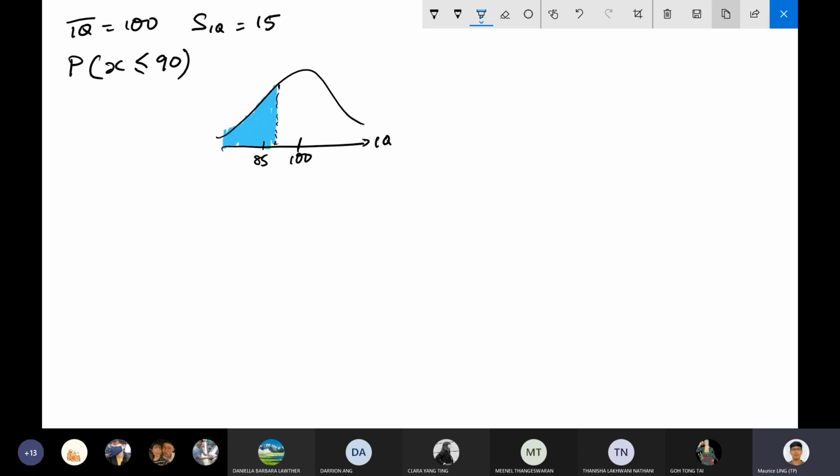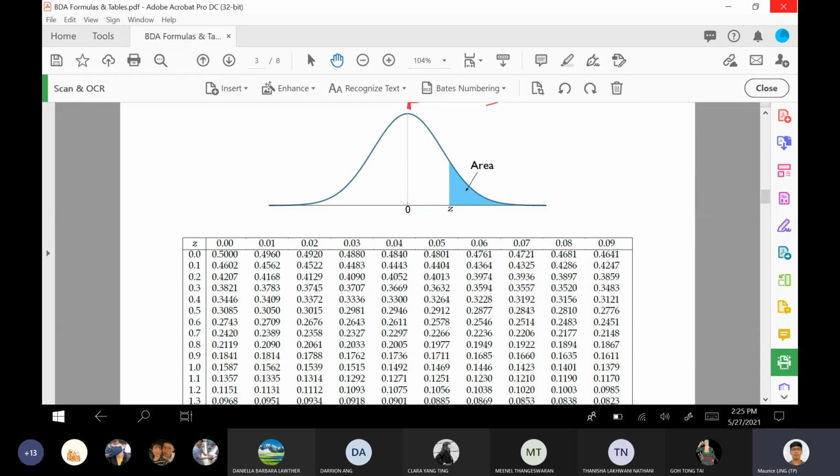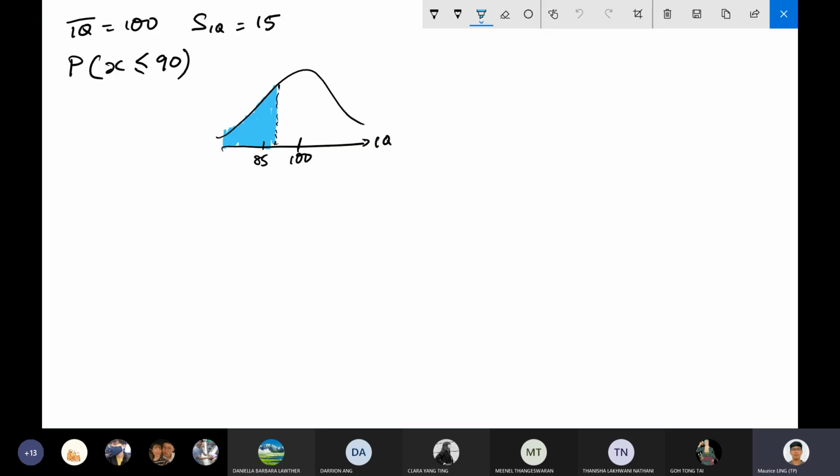But if you go to your table, you can only find the opposite, which means that you have to flip over. Because it's symmetrical, this is 90. So you have to first convert the IQ score into a Z value: less than or equal to 90 minus 100 divided by 15. So can somebody give me the number?